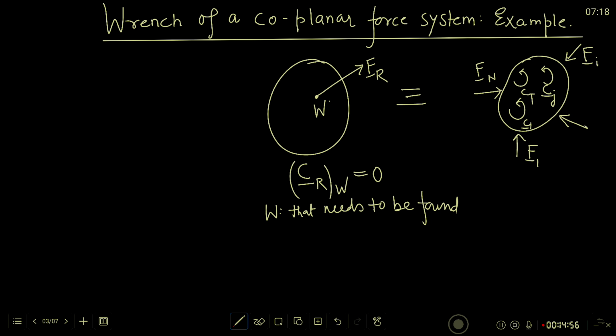The torques Ci, Cj and Ck already are perpendicular to the plane, right? So it is clear from this figure that the net moment due to all these forces about any point A will have to be perpendicular to the plane, right?